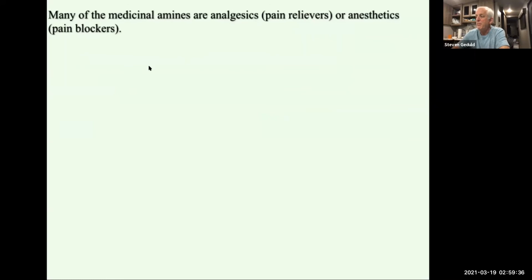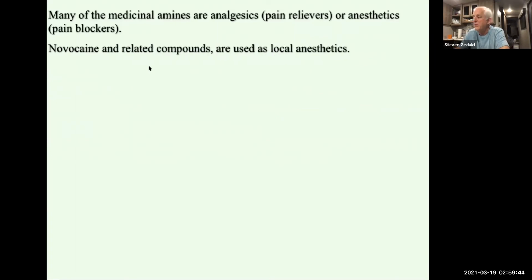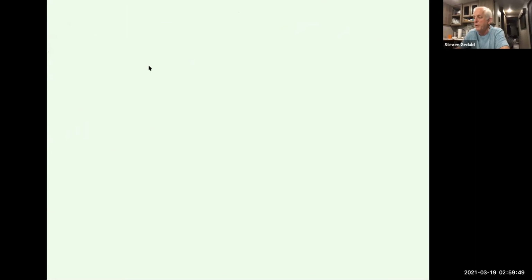Many of the medicinal amines are analgesics. Analgesics relieve pain, and anesthetics are your pain blockers. Novocaine is used as a local anesthetic. Demerol is a very strong pain reliever. We saw the structure of both of those. Decongestants shrink the membranes that line the nasal passages. That's what dries up your nasal passages when you're stuffed up.